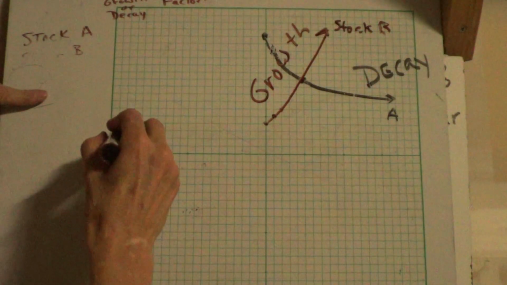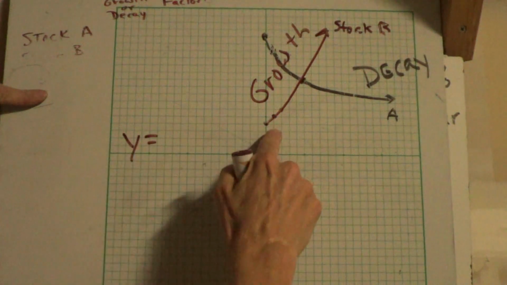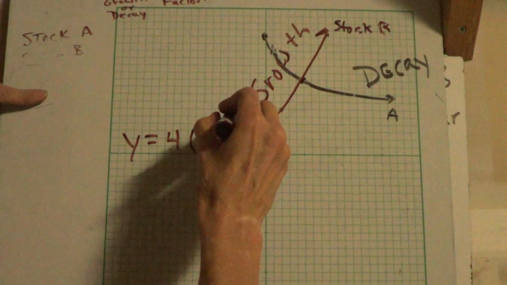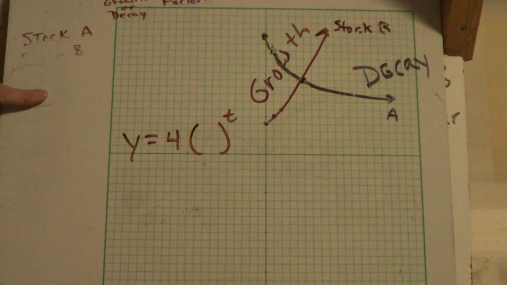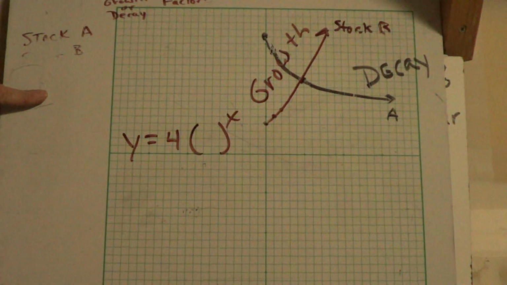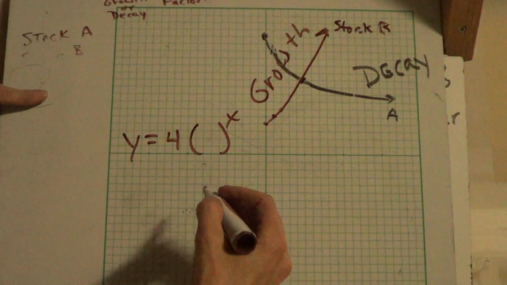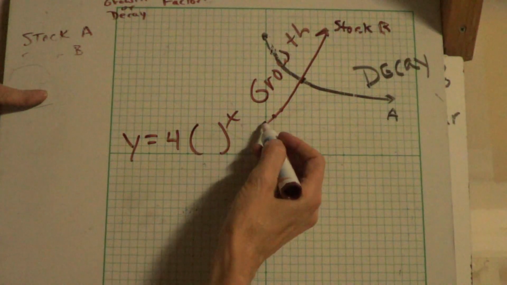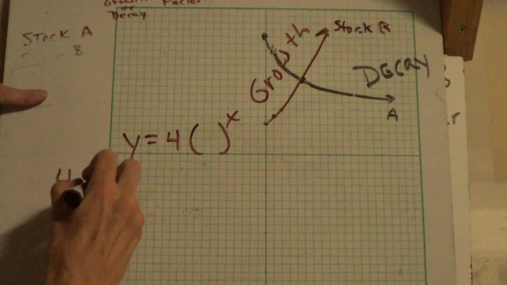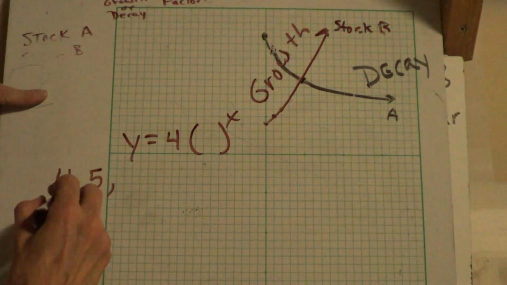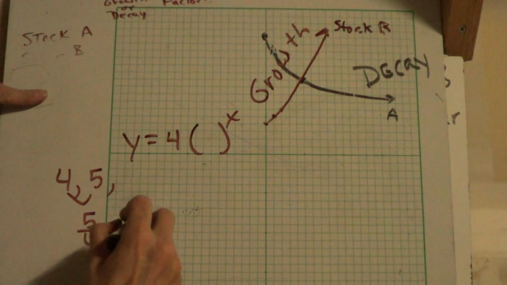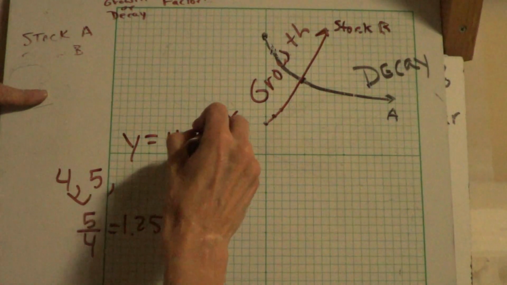Now, I said on stock B that it starts at 4. And we would actually do this for the graph, so it would be x, not t. And so we know that it goes from 4 up to 5. If you think of your sequence, you can write 5 over top of 4, get 1.25. That's your growth rate.